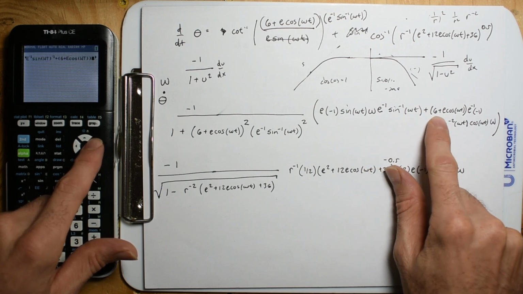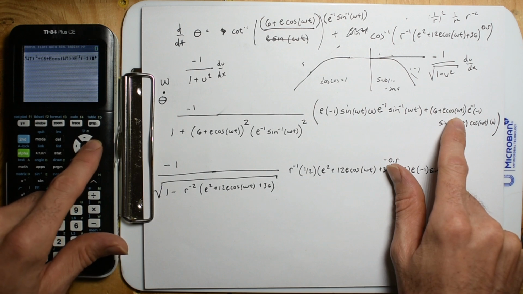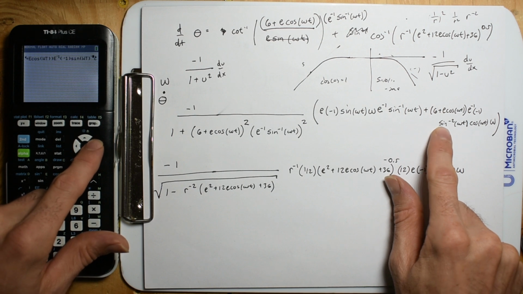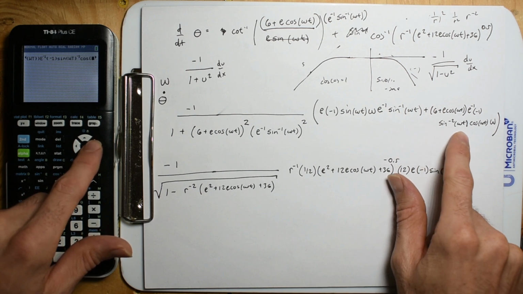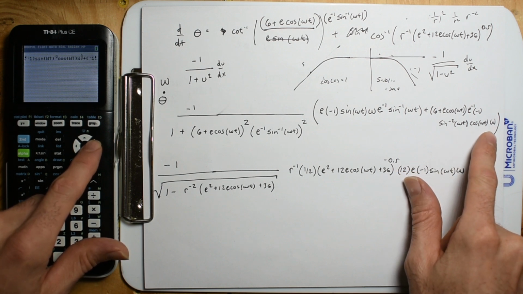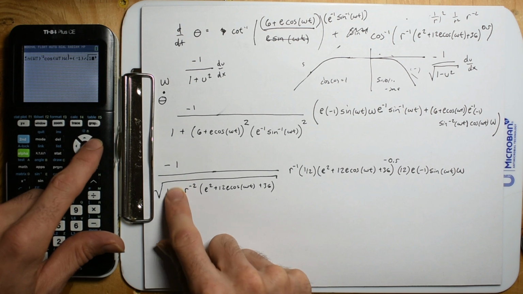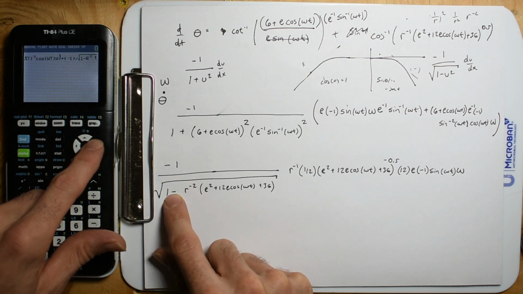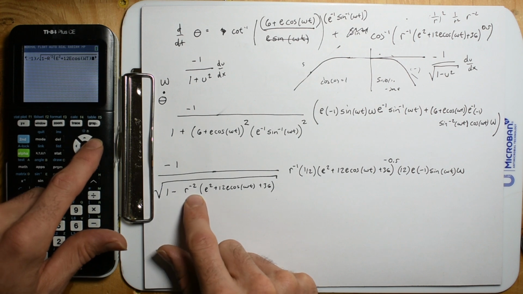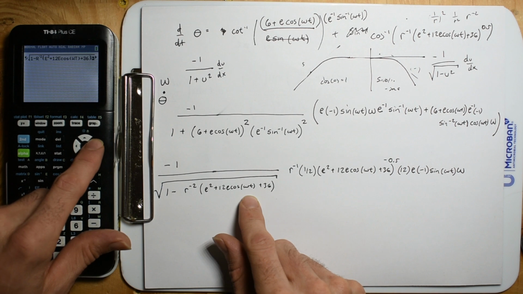Plus 6 plus e cosine omega t, e to the negative 1 sine omega t to the negative 2 cosine omega t omega. All right, end bracket. All right, plus negative 1 divided by the square root of 1 minus r to the negative 2 alpha e squared plus 12e cosine omega t plus 30.